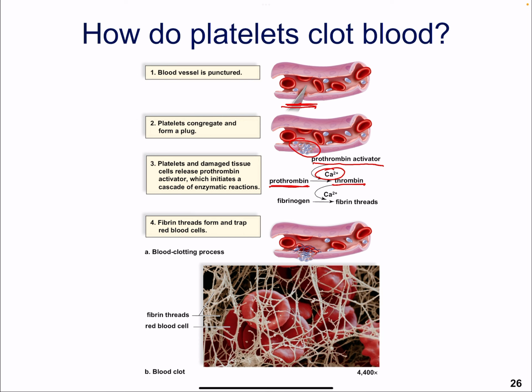And now, thrombin active, in presence of calcium, is going to cause fibrinogen to become fibrin. And fibrin is nothing but fibrinogen activated and attached like this to form long threads.